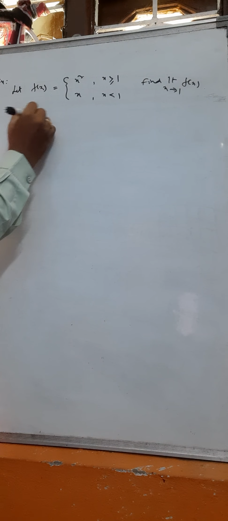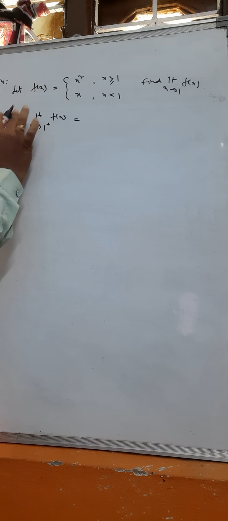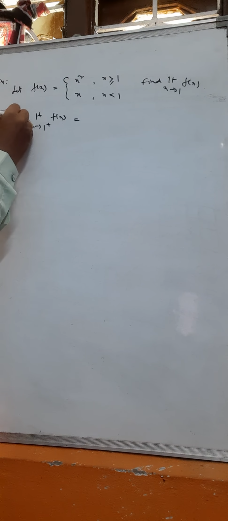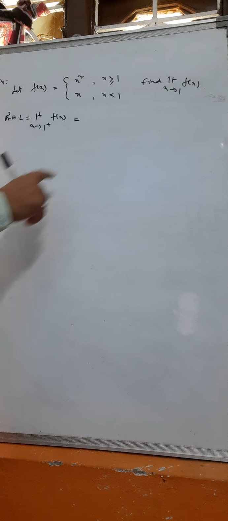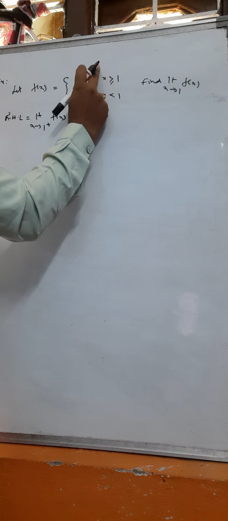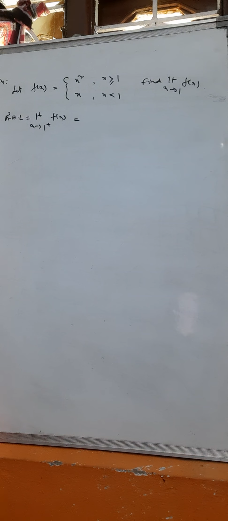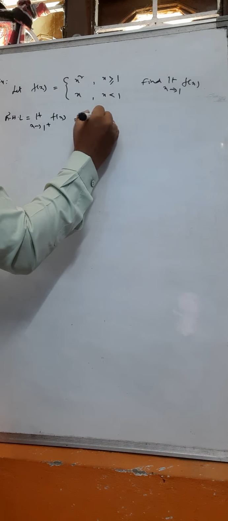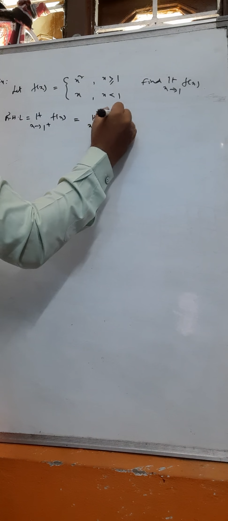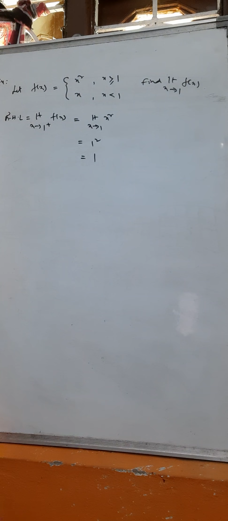So here limit x tends to 1 plus f of x is nothing but RHL. 1 plus means more than 1. More than 1 means x is greater than or equal to 1, so we have to take x square. So limit x tends to 1 of x square. Put the value x equal to 1, that is 1 square, that is equal to 1. Now I am taking LHL.